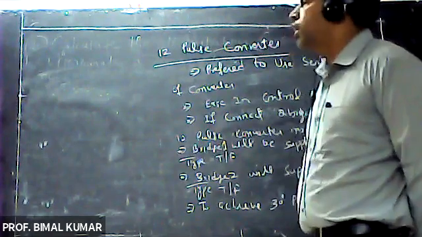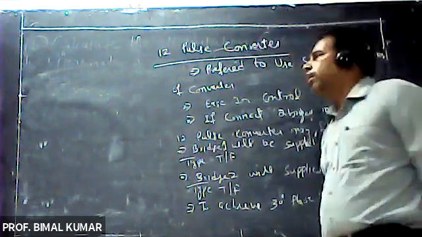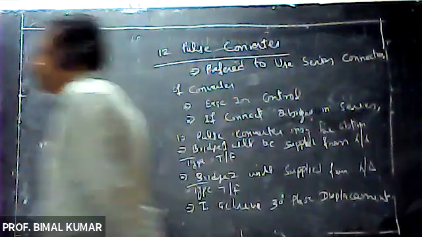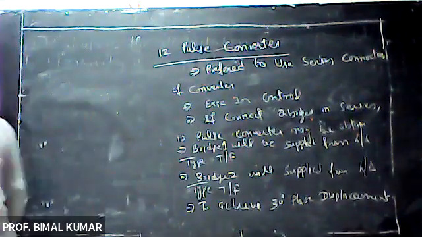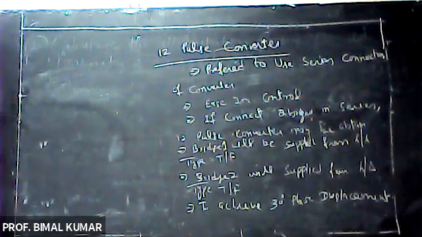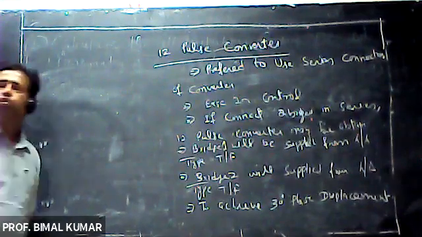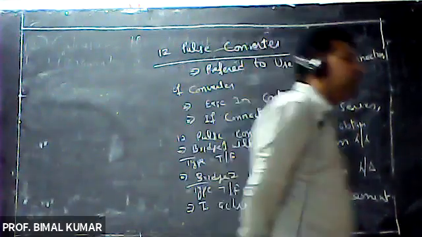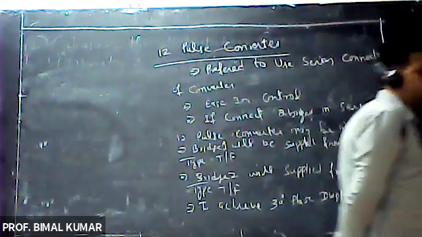With 12 pulse converter, non-characteristic harmonics can be eliminated, but if instead of that we are using 18 pulse or 24 pulse, then non-characteristic harmonics cannot be eliminated, right?